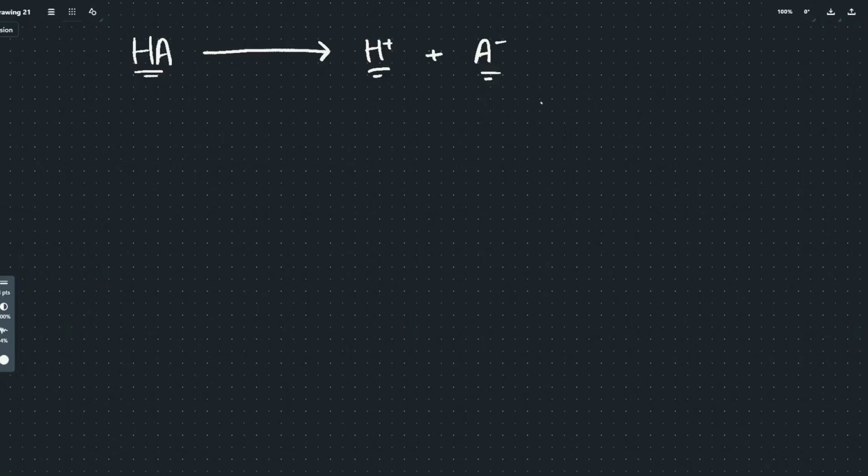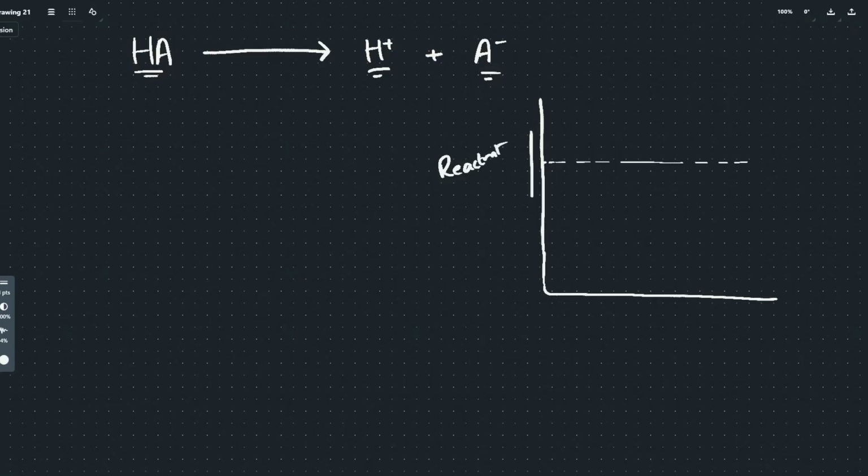So let's suppose that we make a graph of energy. Basically it's called free energy, and again, I do not want to go into too much complex detail. Let's suppose this is the energy of the reactants, and this is the energy of the products.